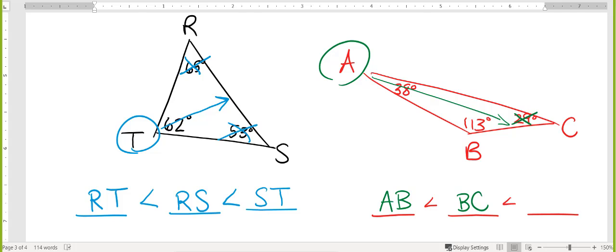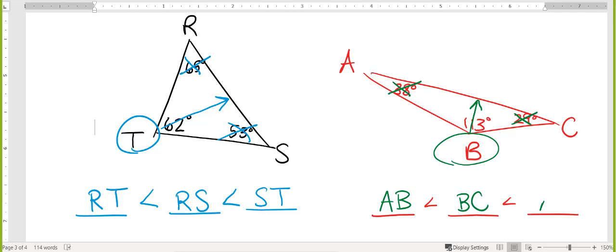That's the middle length side. One more, now that I've already used this. The largest angle is angle B with 113 degrees. So its opposite side is the longest side, and that's side AC.